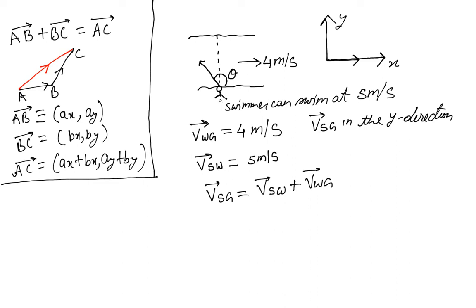So now the magnitude has been given to be 5, and we have assumed the angle to be theta. So we are assuming that the swimmer should make an angle theta with the x-axis such that he lands just on the directly opposite bank. So let's write down the Cartesian coordinates of all the vectors. Well, VWG is 4, 0. The x component is 4, but there is no y component.